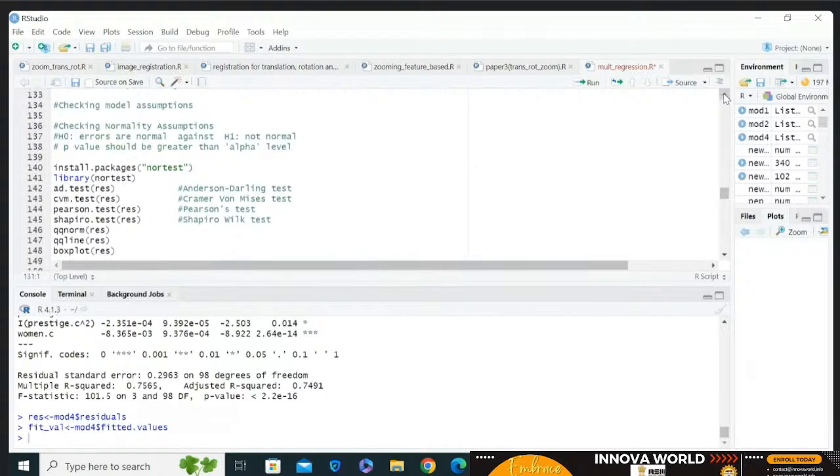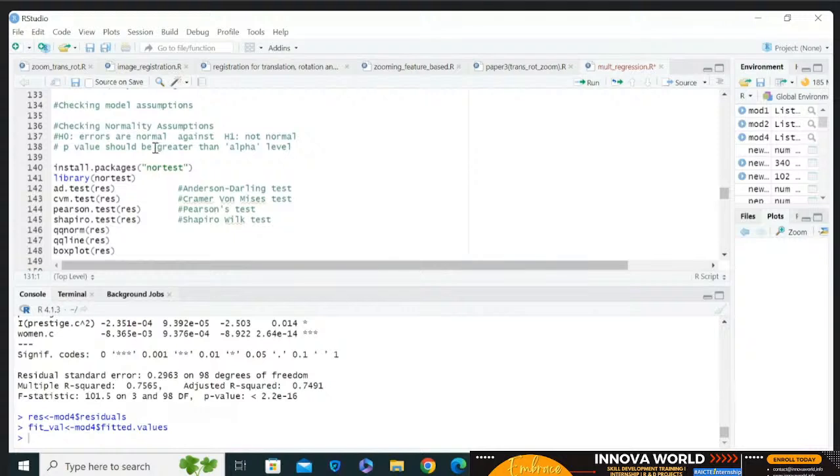So for the normality test, the package is called nortest, and there are several tests: Anderson-Darling test, Cramer-von Mises test, Shapiro-Wilk test, Pearson test, the QQ plot. Several tests are there. We will only discuss maybe two tests, say the Anderson-Darling test, and we will give you a hint of what the QQ plot is.